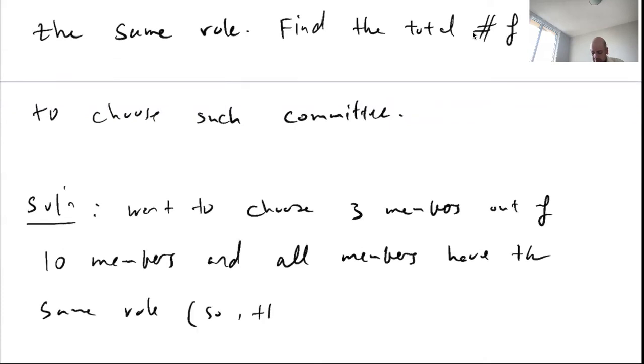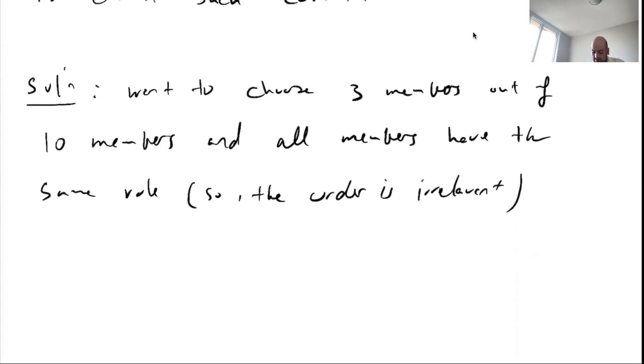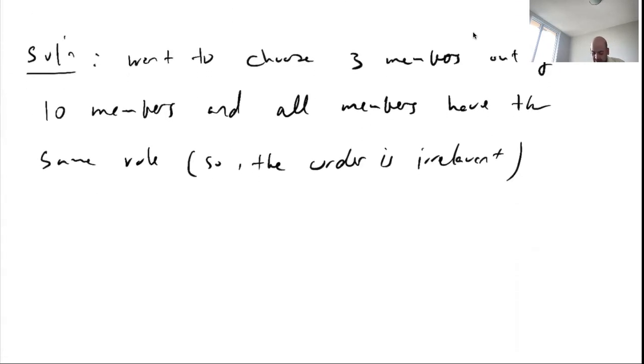So the order is irrelevant, right? Because they have the same role, it doesn't matter, for example, if a specific student wants to be chosen, it's not important for him or her whether he or she is chosen as the first member or as the second member of the committee, because he or she will have the same role anyways. So the order is irrelevant.